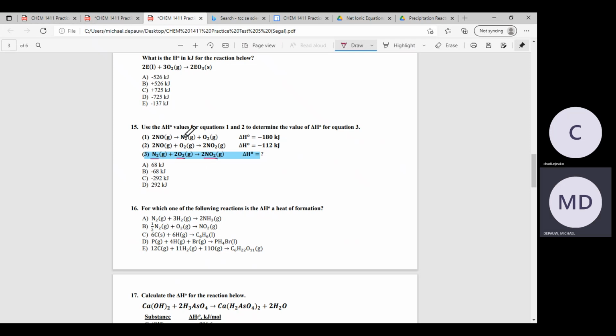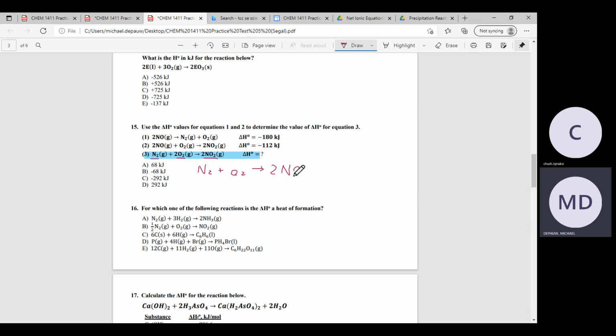Now in the first equation, is N2 a product or reactant? It's a product. But in the overall equation, what is it? It's a reactant. Exactly. So because it's on the wrong side, we have to flip the equation. That flipped equation is going to be N2 plus O2 goes to form 2NO.